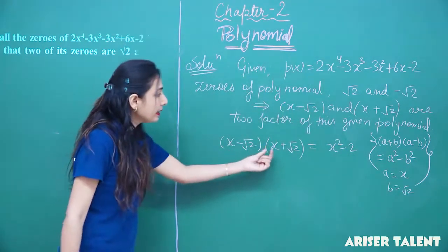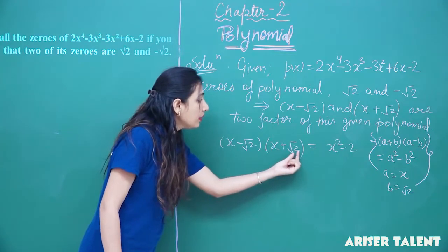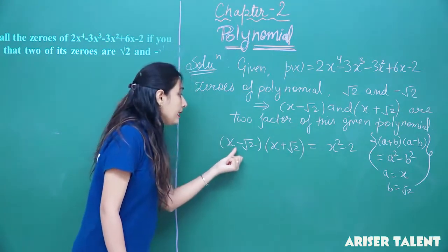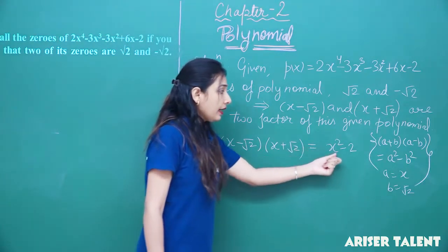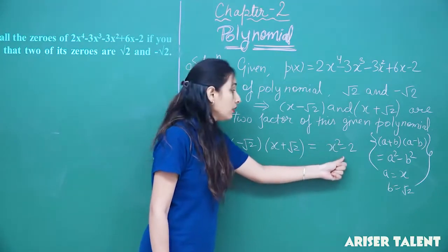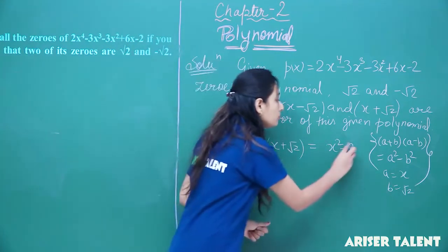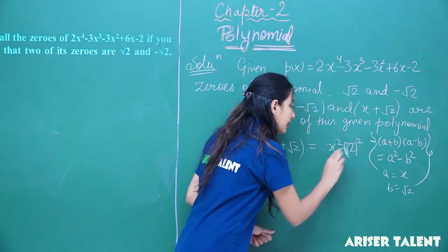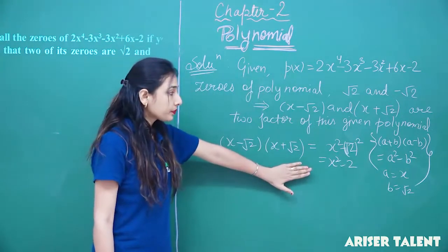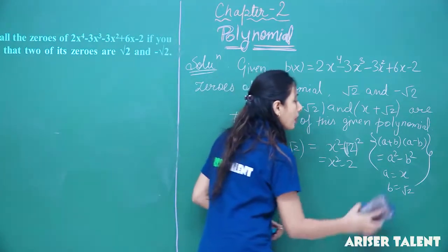So you can see that it is in the form of x plus root 2. This is a and this is b. So a plus b and a minus b will be x, that is a square, x square minus root 2 square, that will eventually give you x square minus 2. Okay, so use this.